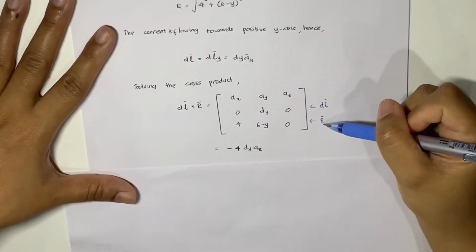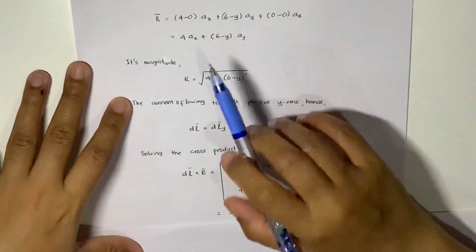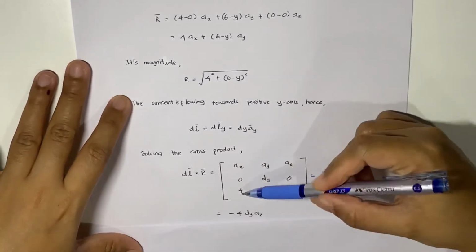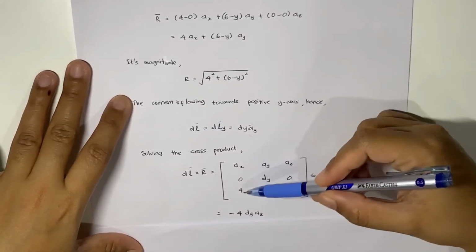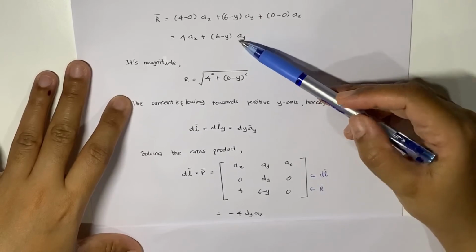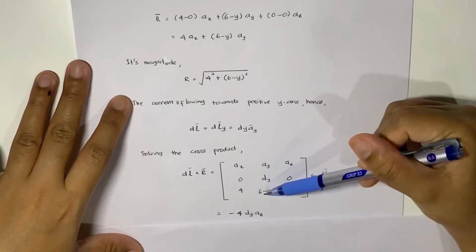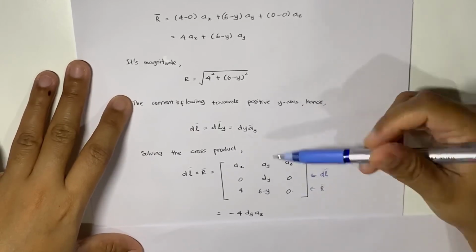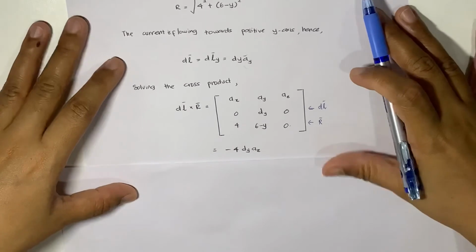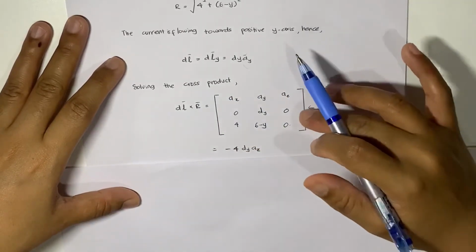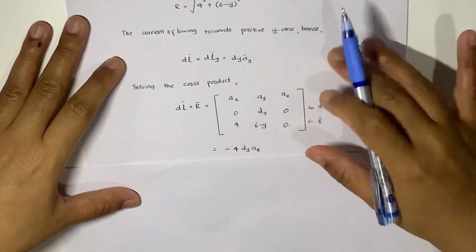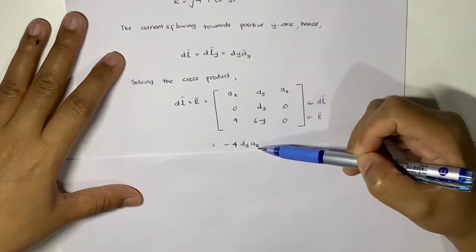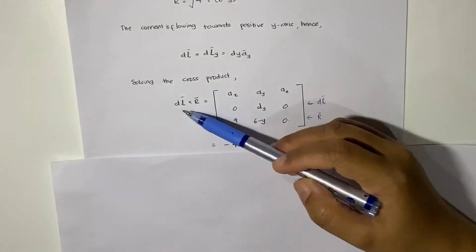If we refer to vector R, in the direction of ax you will get 4, ay is 6 minus y, and there is no az. After we solve this, you will get negative 4 dy az. This one is for the cross product here.